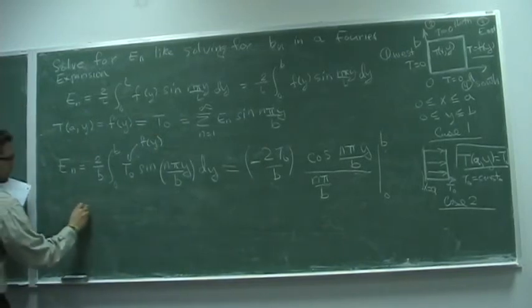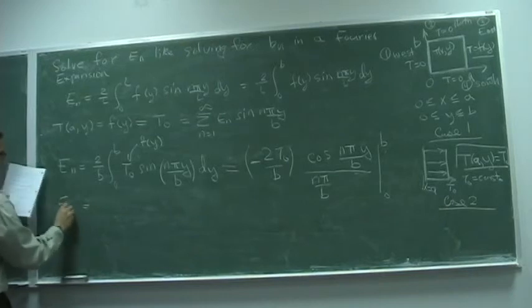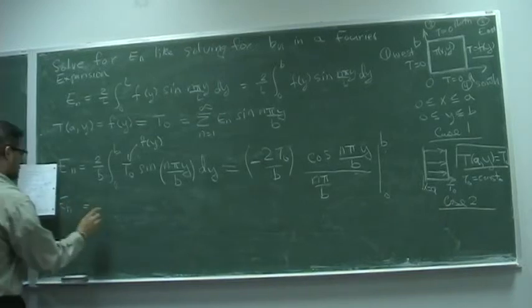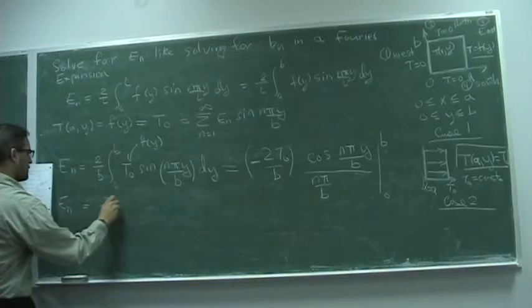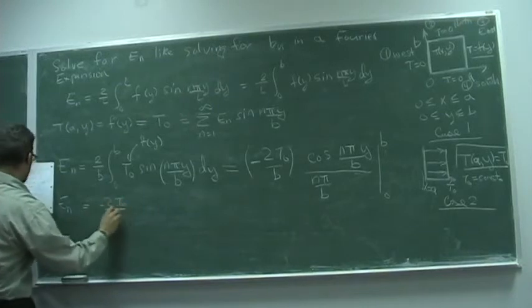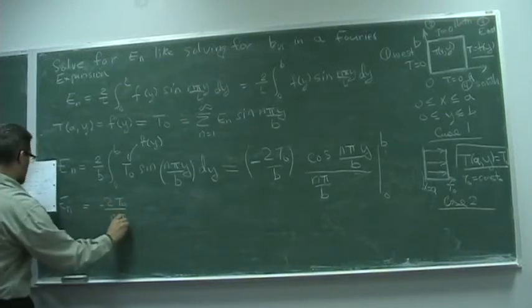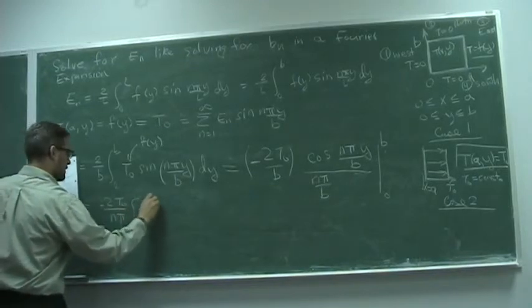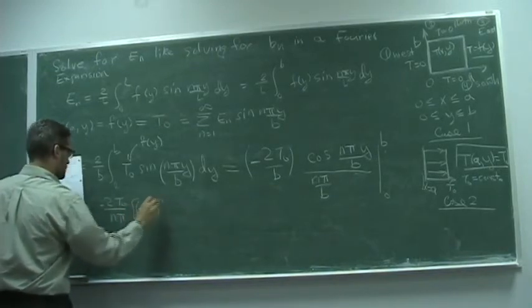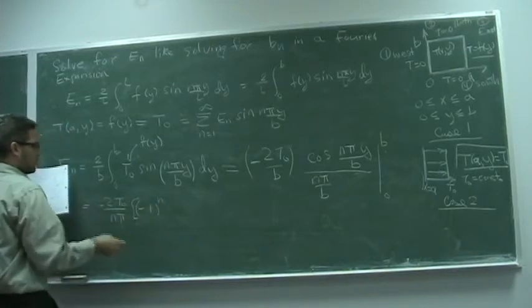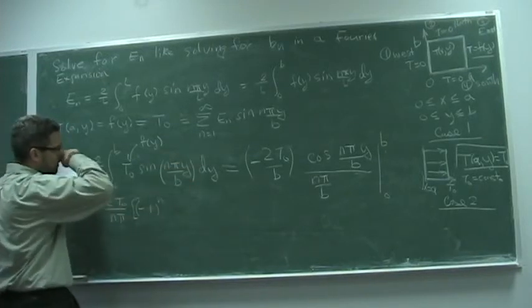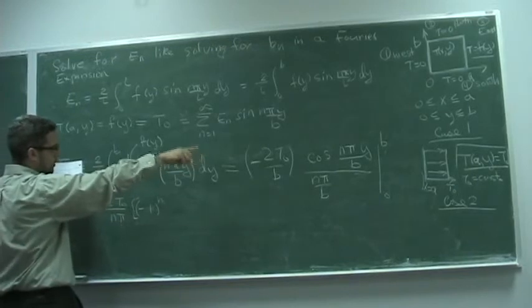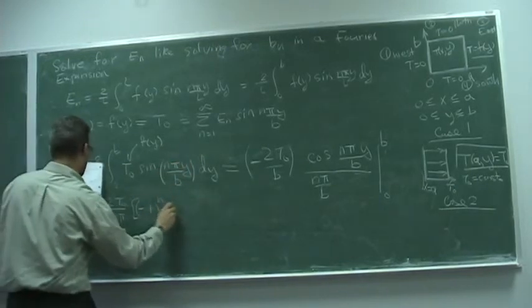So what do we got here? We got e sub n equals minus 2 t naught over n pi times (-1)^n, like we looked at before. Okay, we just looked at our cosine term. We can represent that because it varies: n equals 1, n equals 2, n equals 3, minus 1.